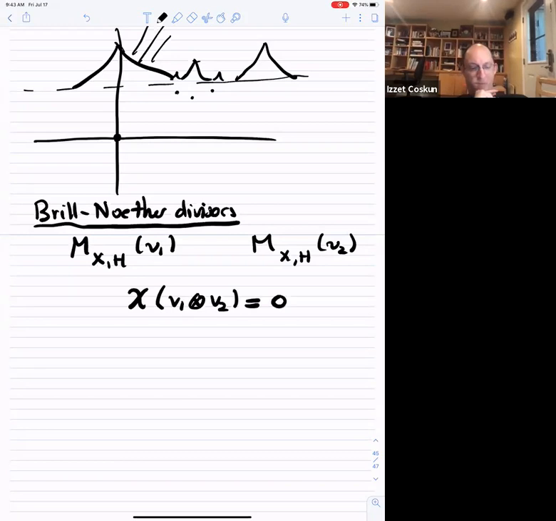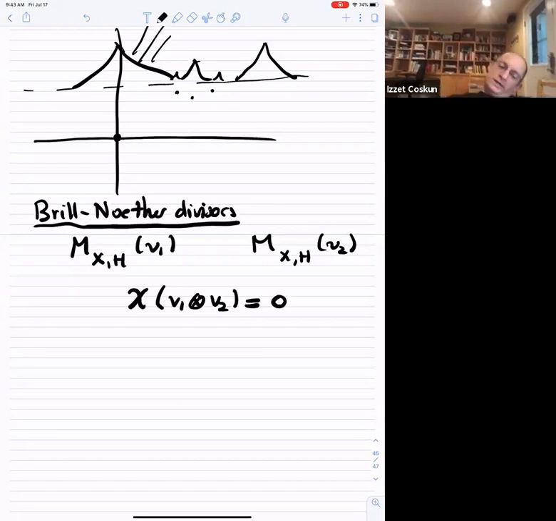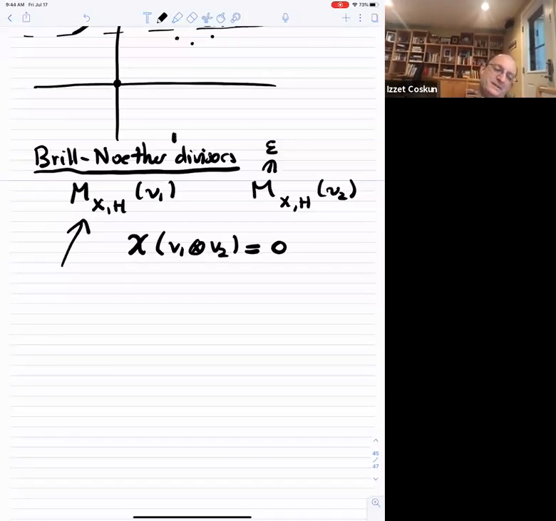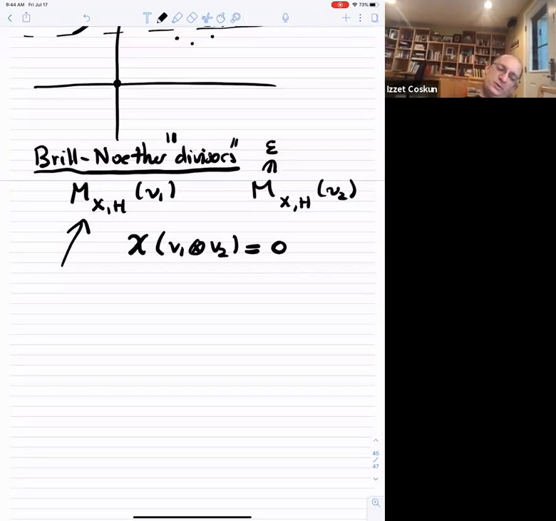Okay, so here is what you can do. You can choose your favorite bundle here. And now I'll define for you a divisor, and let me put this in quotes, a Brill-Noether divisor on this moduli space.